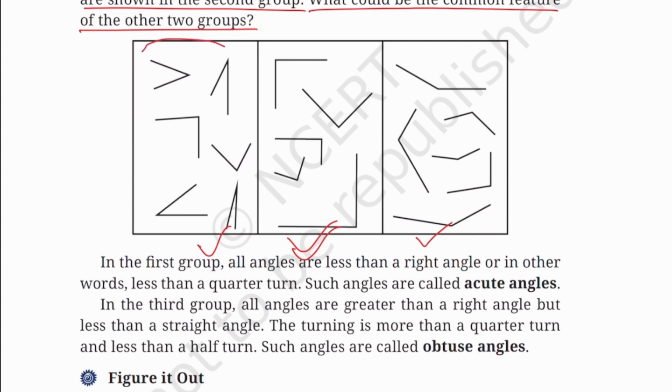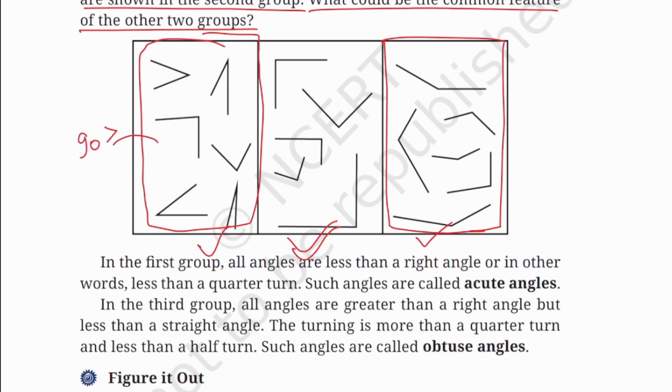In the first group, you can see the angles are less than a right angle, and in the third group, angles are more than a right angle. All of the first group are less than 90 degrees, all of the third are greater than 90 degrees.